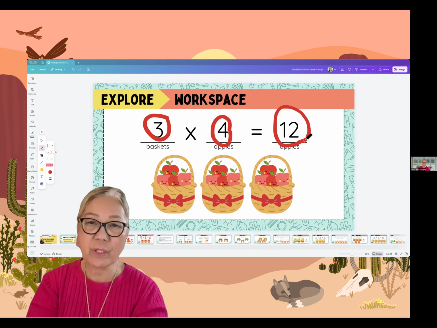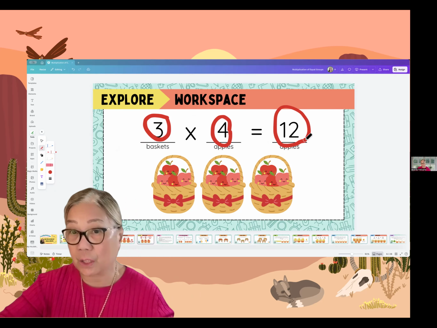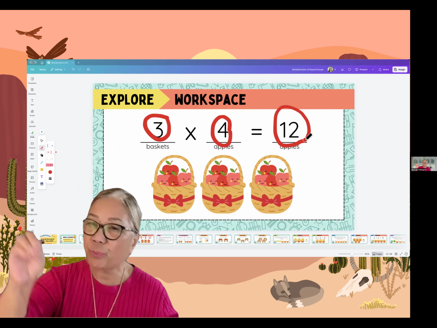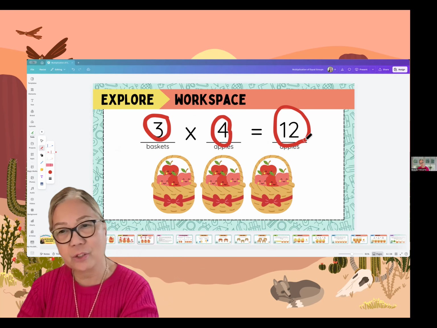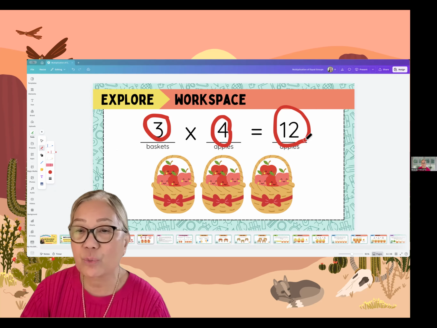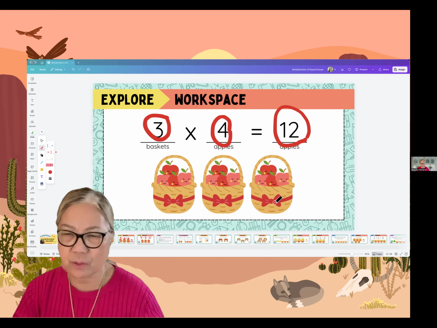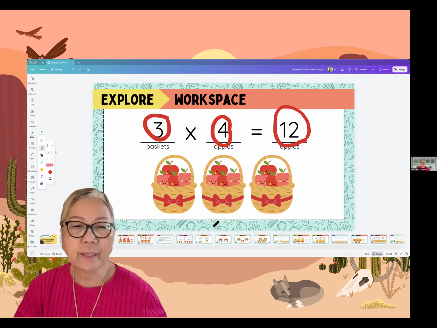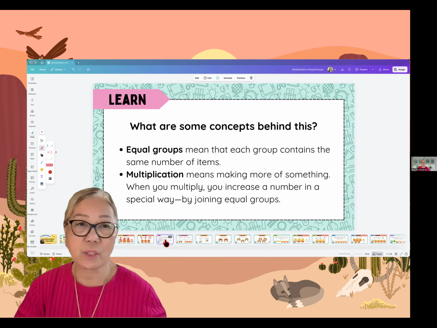So very easily, the kids could have 3 groups of 4 in each group. 4 plus 4 plus 4 is 12. So you teach them how to do repeated addition too. 4 plus 4 plus 4, it will become 12. Or drawing. I always stress this one. Drawing can make your work a little bit easier.